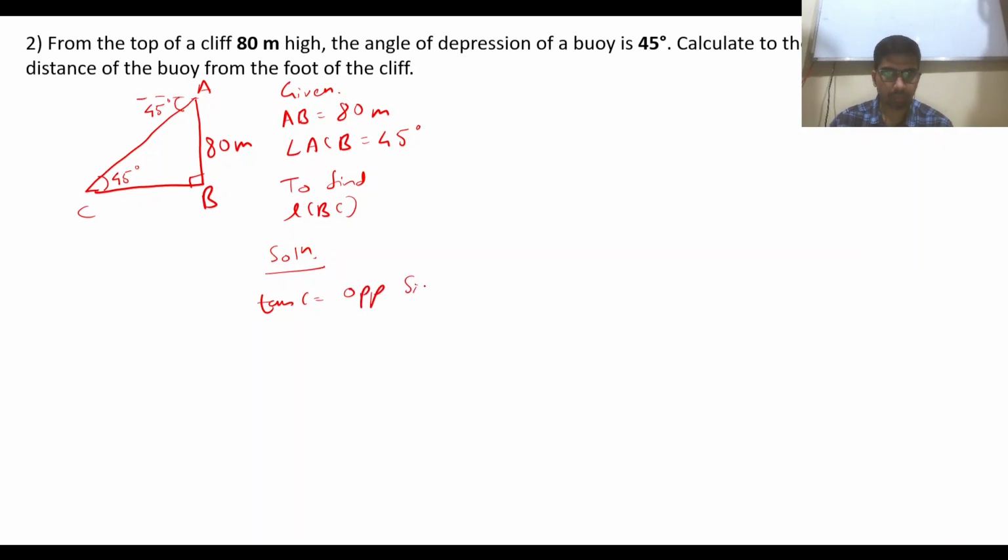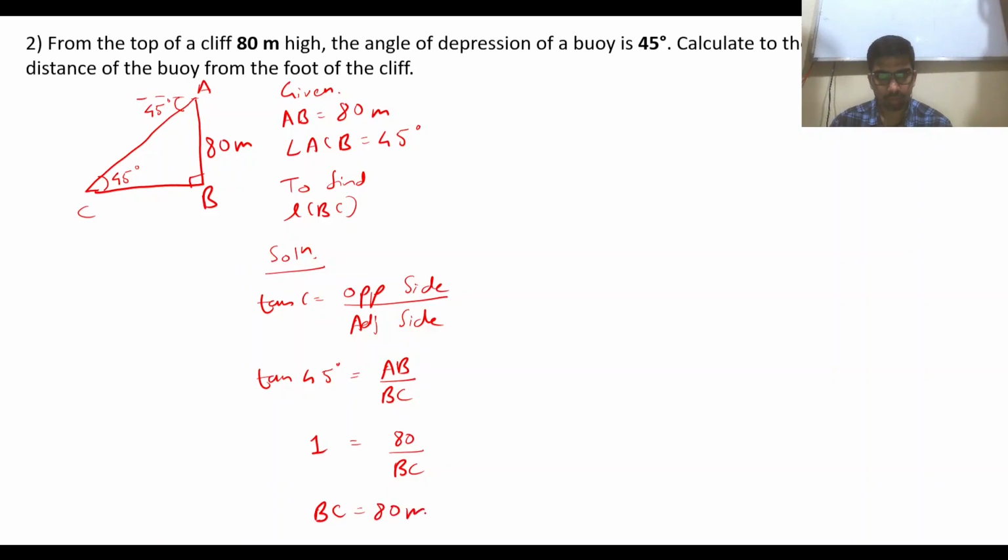I'll repeat the formula multiple times so that it will be inside your head. This is the tan formula. So you have tan 45 degree. What's the opposite side? That's AB. And adjacent side is BC. So tan 45 is 1. AB value is 80. And BC we have to find. So BC will be 80 meters.